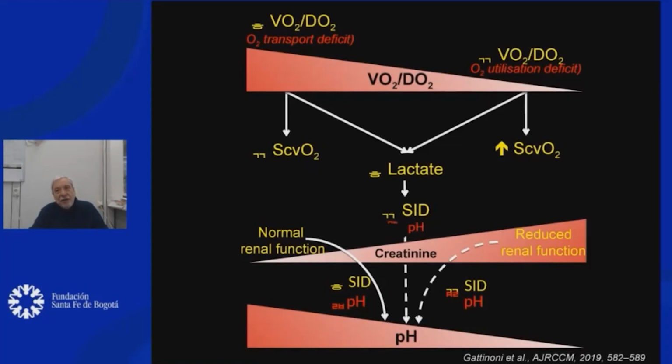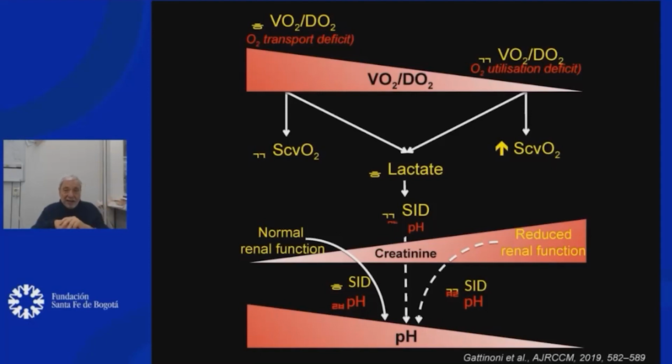Then lactate goes into the blood, the strong ion difference decreases, the pH goes down. Now, if you have a normal renal function, the kidney increases the strong ion difference to correct the decrease, and the pH goes up. If the renal function doesn't work, you have reduced pH.